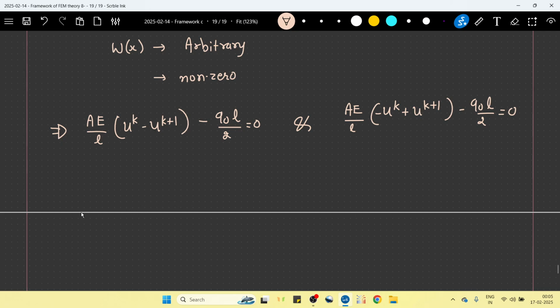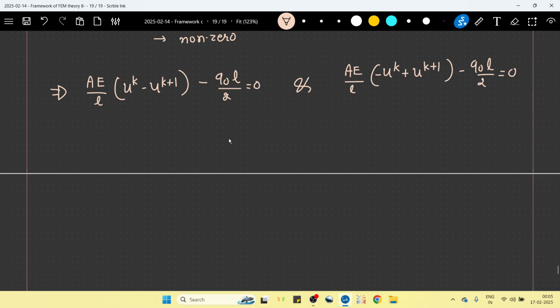Now we will write these equations in form of linear algebra, in form of a matrix.